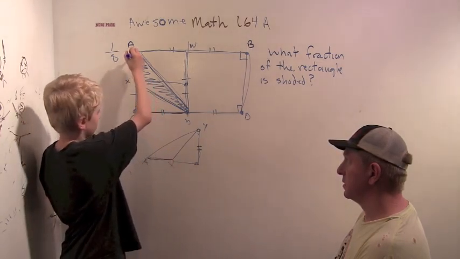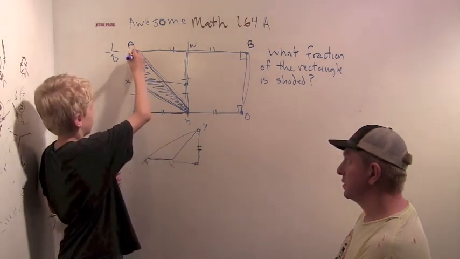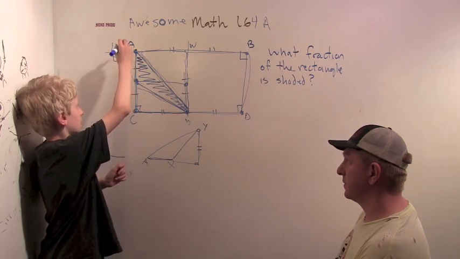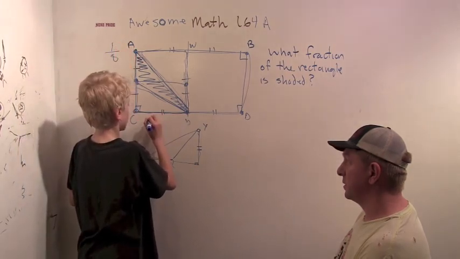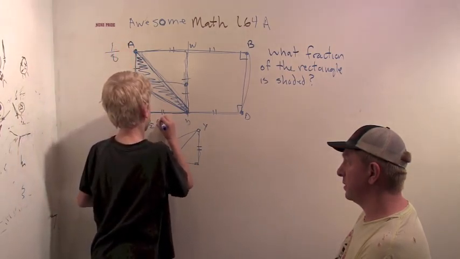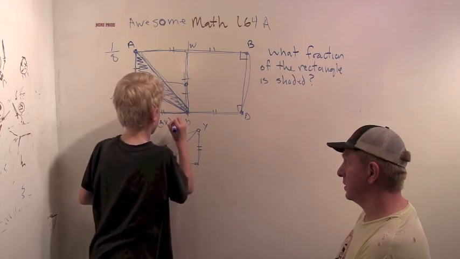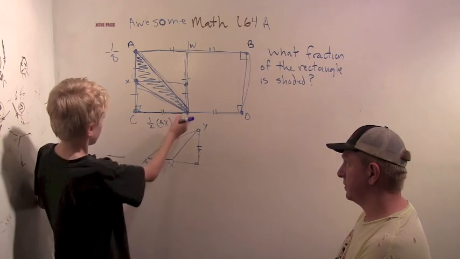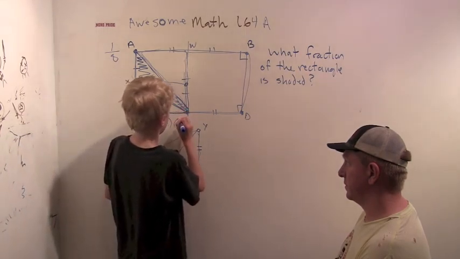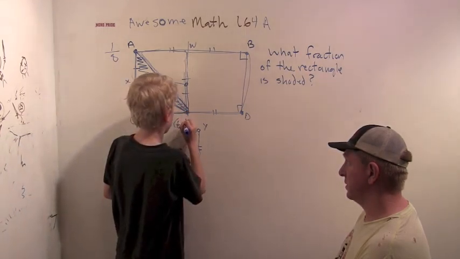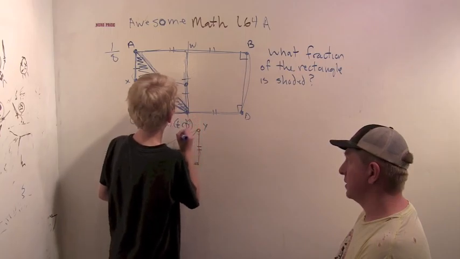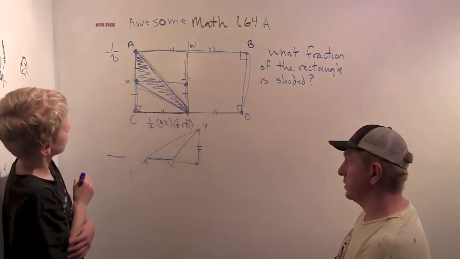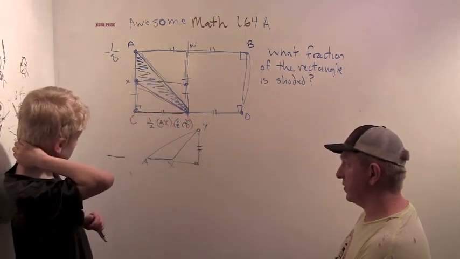So 1/2 base, the base is AX, so 1/2 AX times the height, which is 1/2 CD. So we get 1/2 AX times 1/2 CD.